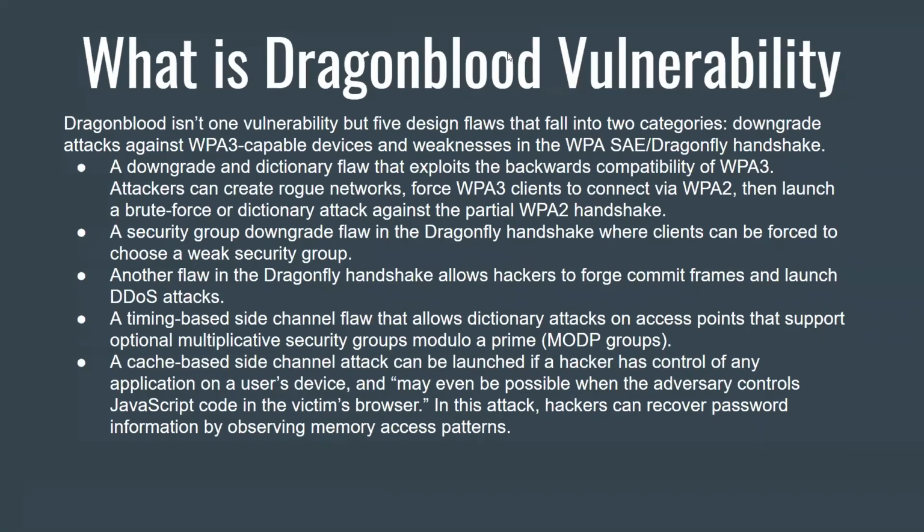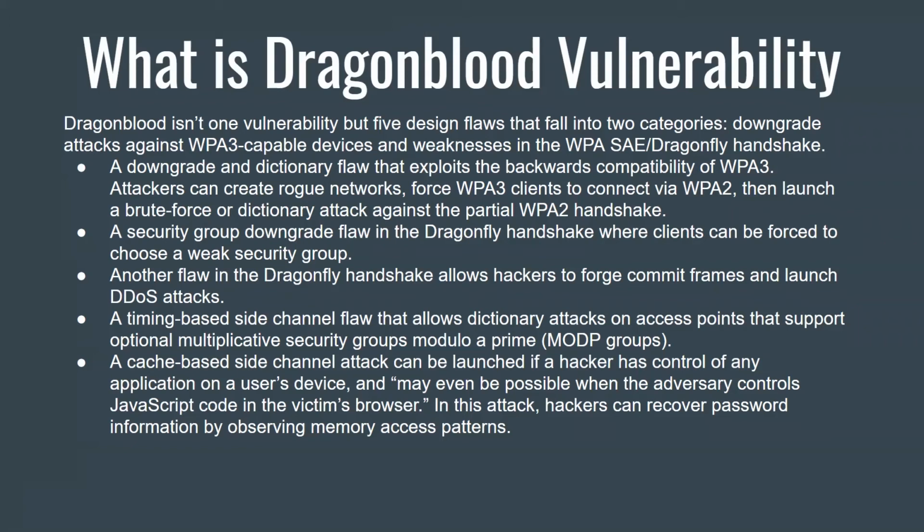So, what is a Dragonblood vulnerability? Dragonblood isn't one vulnerability, but five design flaws that fall into two categories: downgrade attacks against WPA3-capable devices and weaknesses in the WPA3 SAE-Dragonfly handshake.